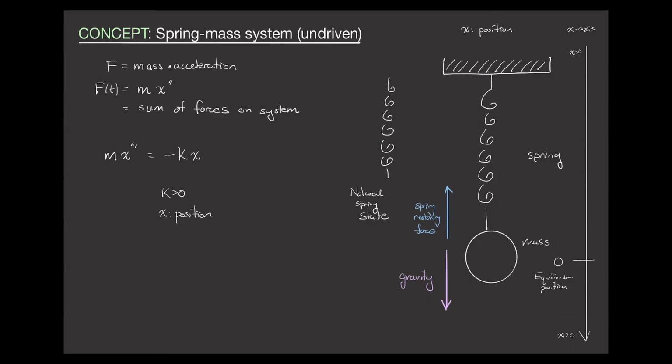Now, there's one other force acting on this, and that is the damping force. You can think of this as the internal resistance of the spring, the fluid that it's moving through, all the forces that would create natural damping or resistance on the system.